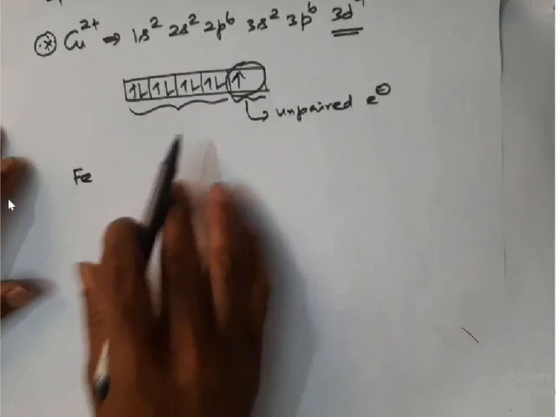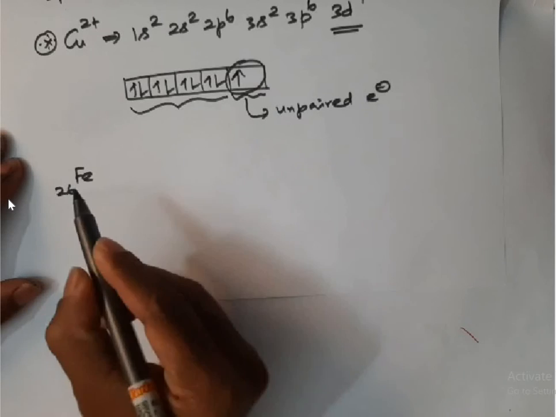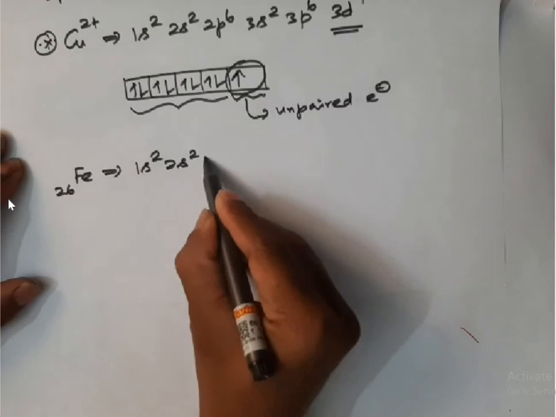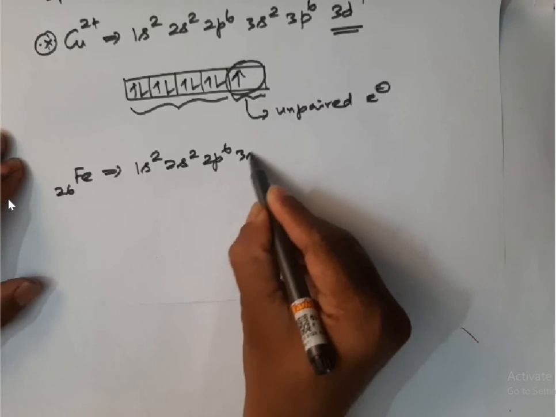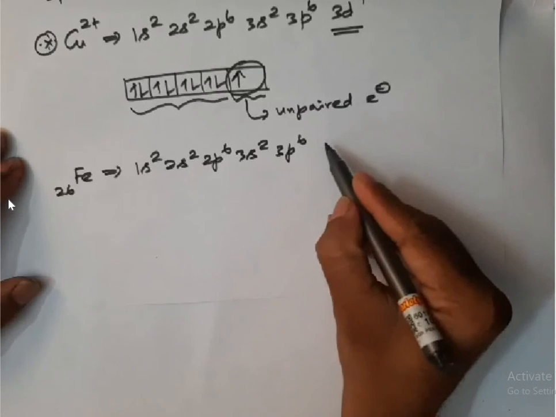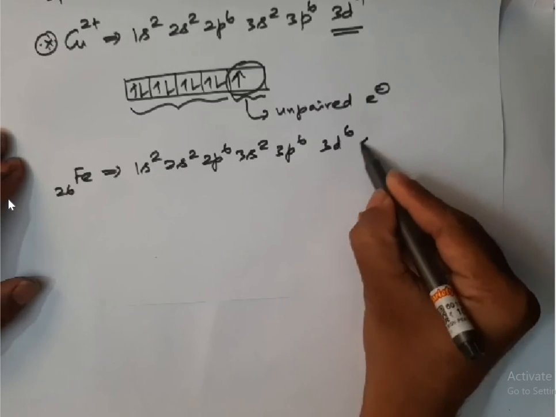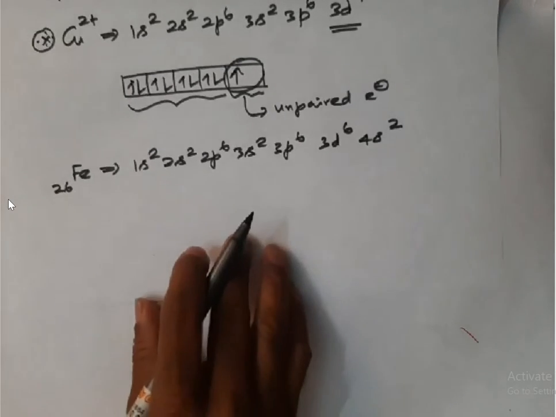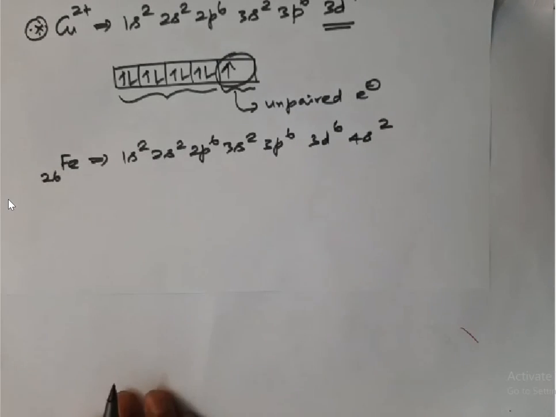Similarly, now I will take iron. Iron's atomic number is 26. So the electronic configuration is 1s2, 2s2, 2p6, 3s2, 3p6. So here we have 18 electrons. Then 3d6, 4s2. This is the electronic configuration of iron.